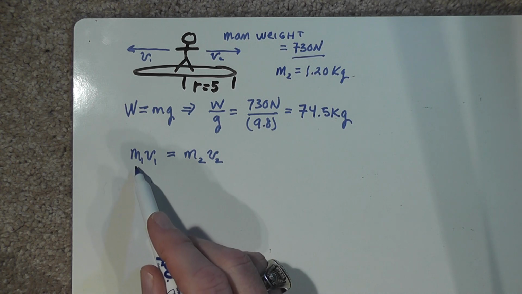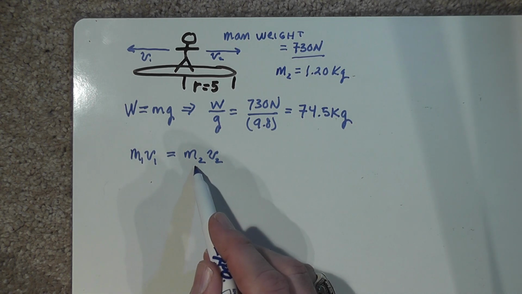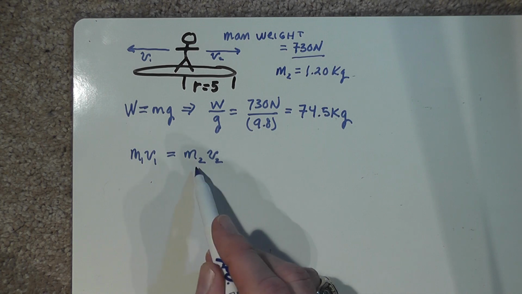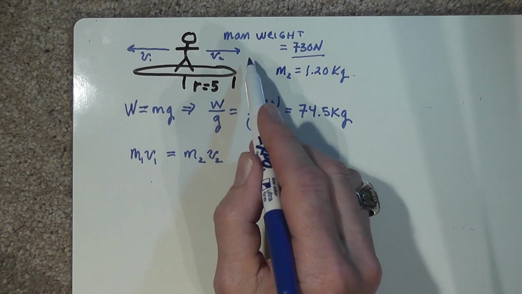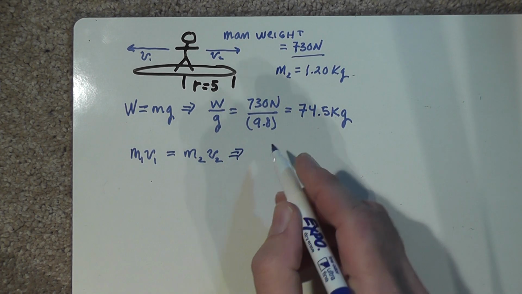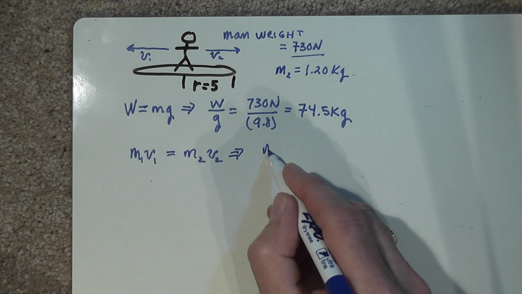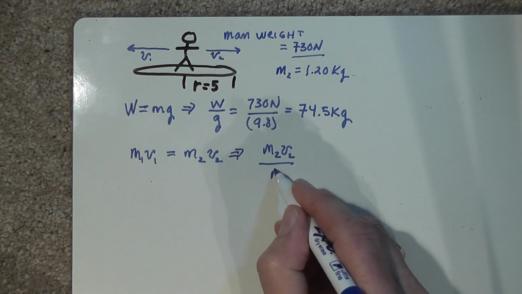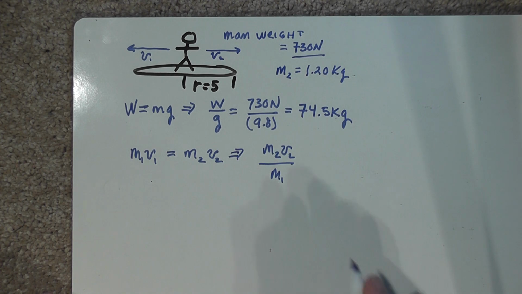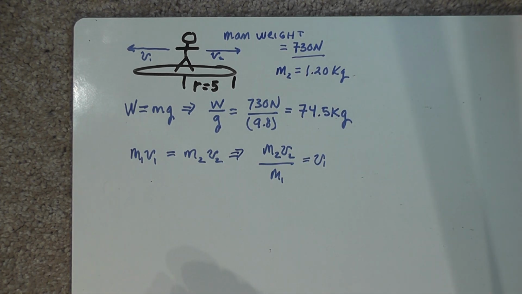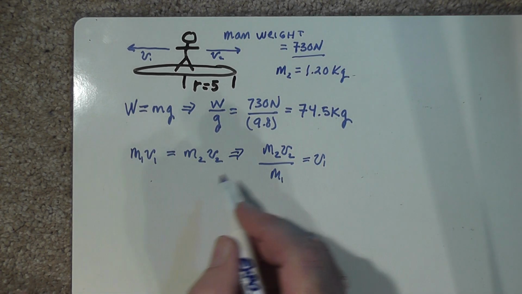We know the mass of the man, we know the mass of the textbook, and we know the speed at which the man throws the textbook in this direction. So let's solve for v1. This is m2 v2 divided by m1 equals v1. So now we just need to plug in our values.